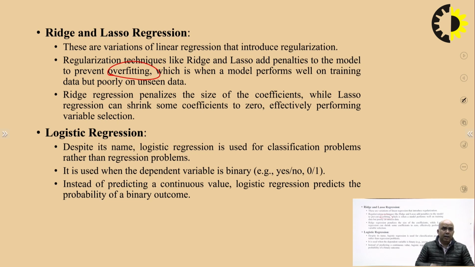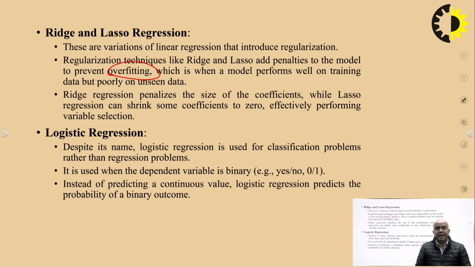It means that when we train on our data set, which is previously historical data, and we apply linear regression or any kind of regression, we get good results during training.